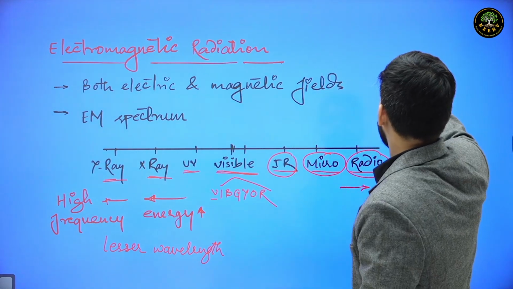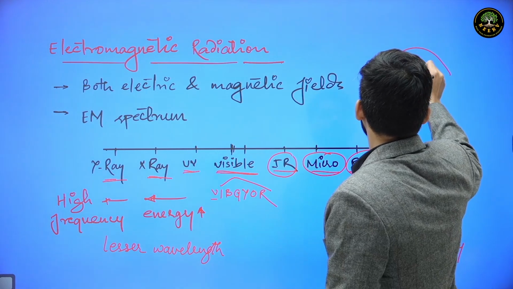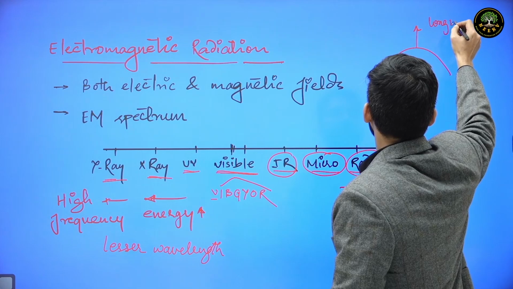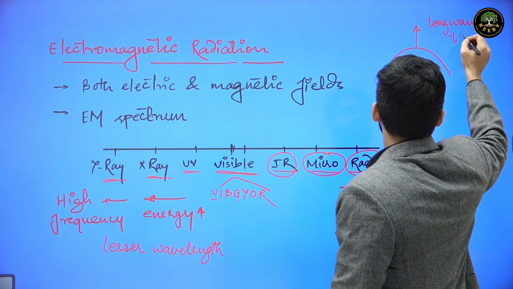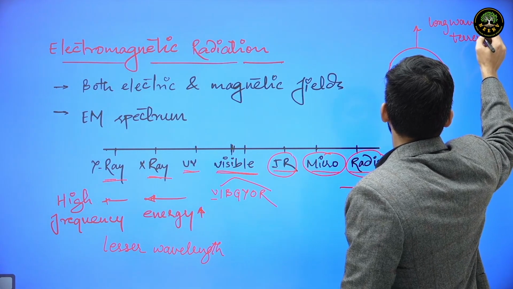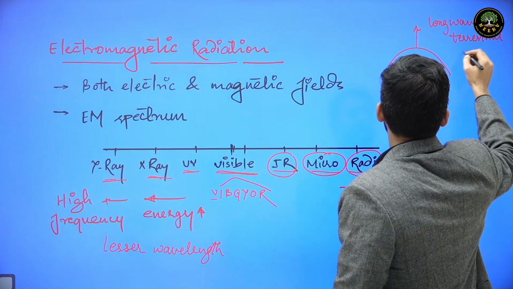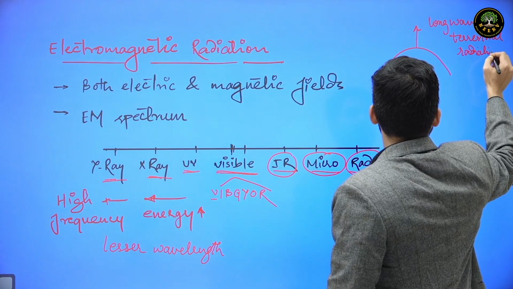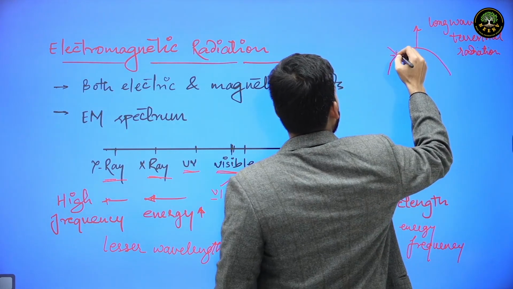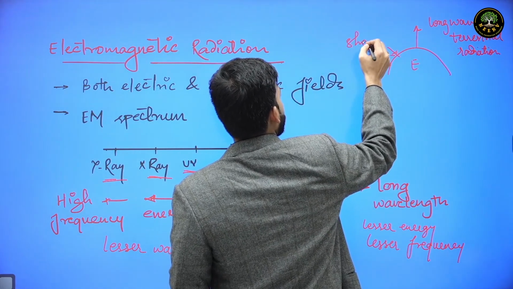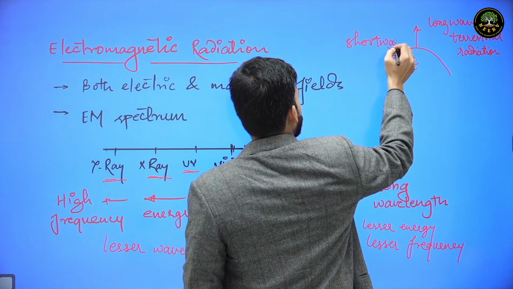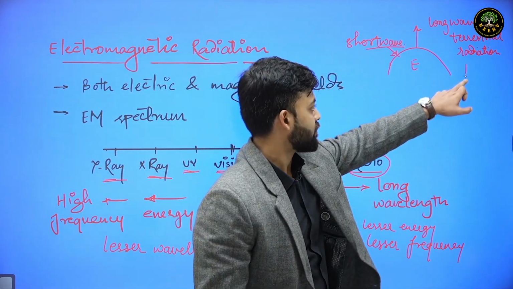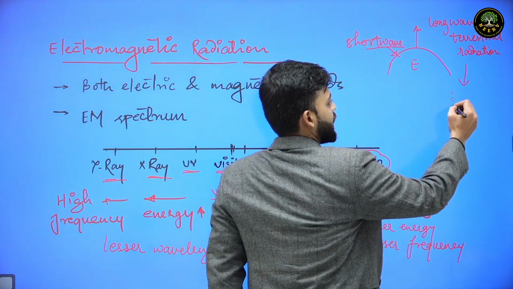Basically, what happens is Earth is getting heated by long wave terrestrial radiation. The surface of the Earth is heated by long wave terrestrial radiation, though it receives sunlight in the form of short wave. Because of this long wave terrestrial radiation, temperature is getting increased.